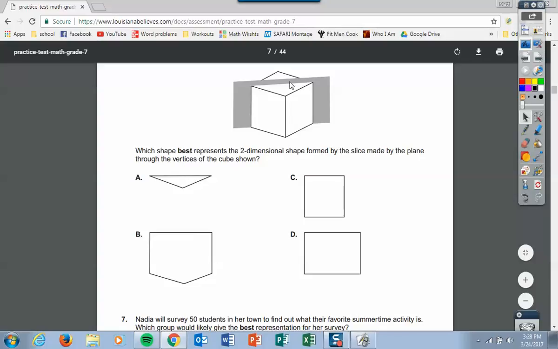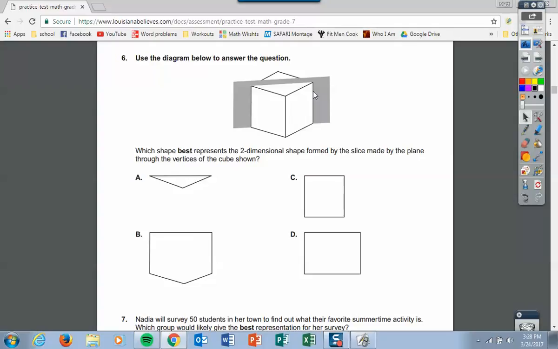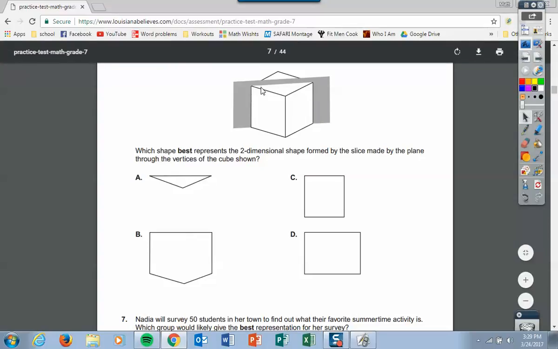We're actually going to see a rectangle through here, and because this shape is a cube, we're going to see the distance from right here to here is going to be greater than the two legs. It's the hypotenuse, which gives that D is my final answer for this one.